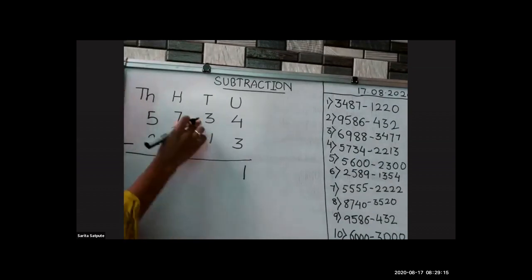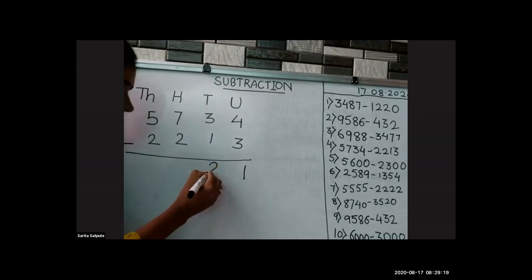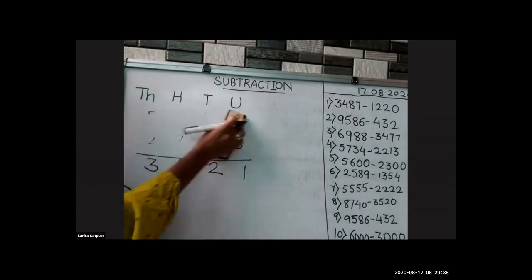Very good. 1 minus 1, 0. Very good. 7 minus 2, 5. And 5 minus 2, 3. Very good. So now you get the answer, that is 3521. Yes, good, very good.